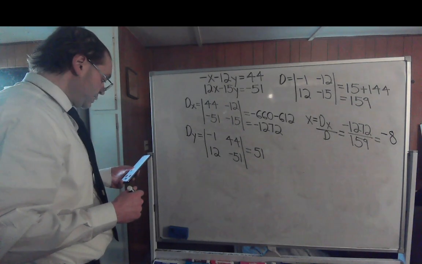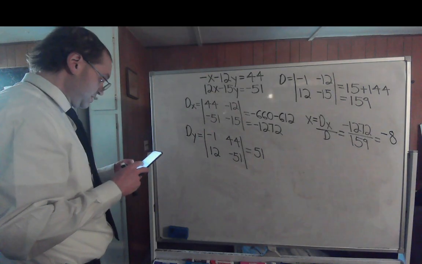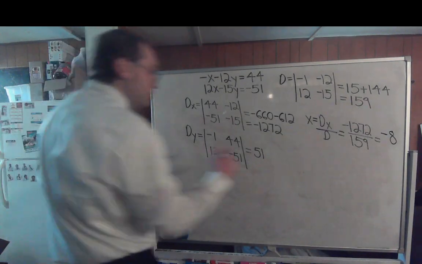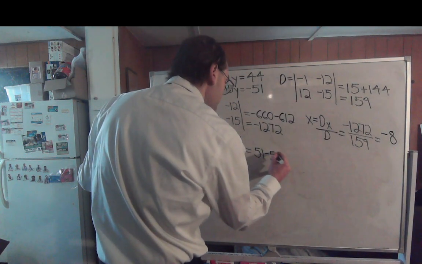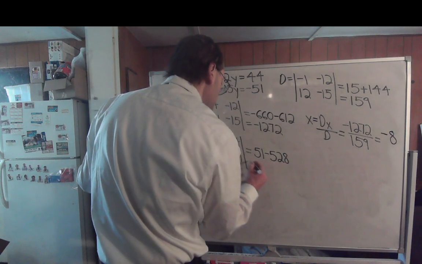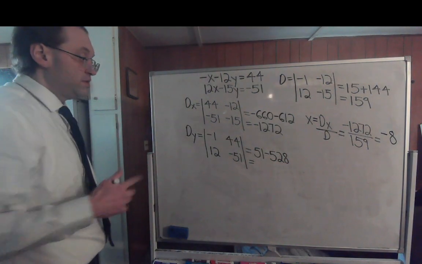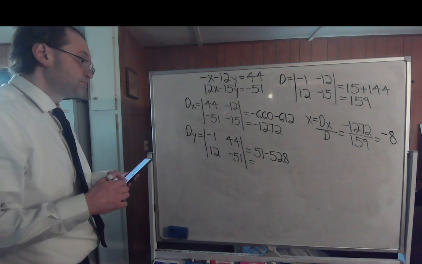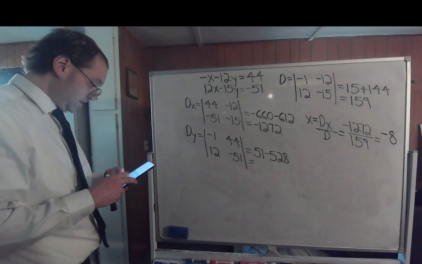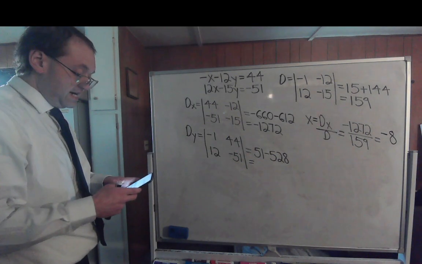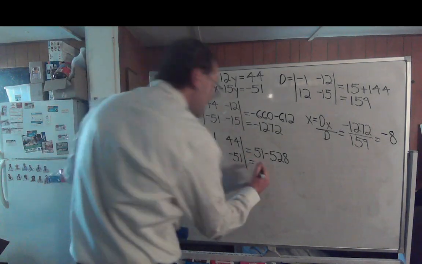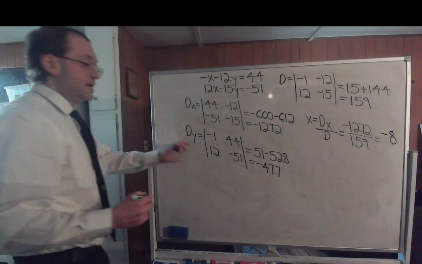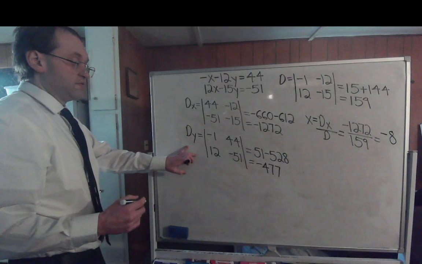So let's figure out what the heck 44 times 12 is. Alright, 528, so that'd be 51 minus 528. So now let's figure out what the heck is 51 minus 528. Turns into negative 477. So d sub y equals negative 477.